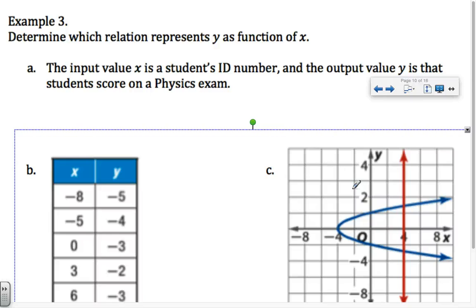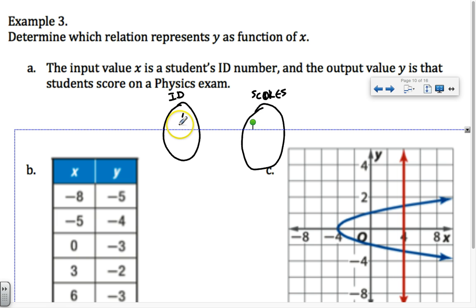So if I have the input x values of student ID numbers and the output y values, which is the student score on a physics exam, if we just want to try to diagram it, well, I have a set of student ID numbers and a set of scores, and I have student 1, student 2, student 3, student 4.